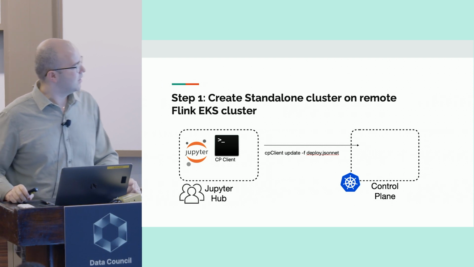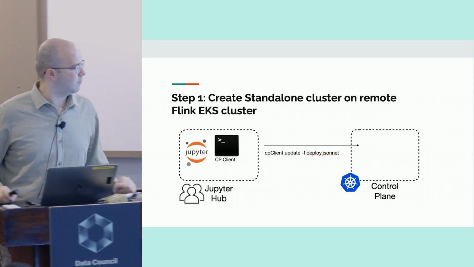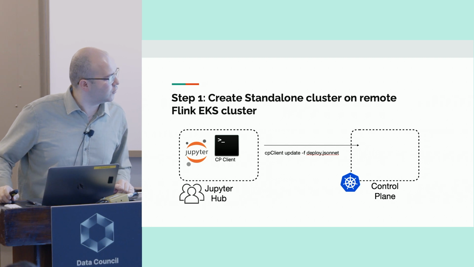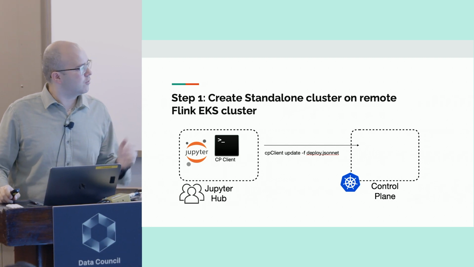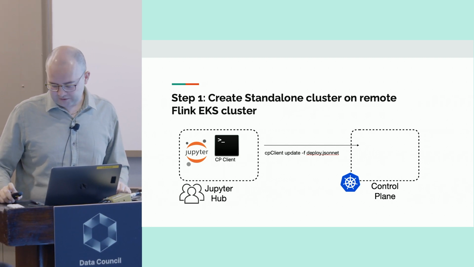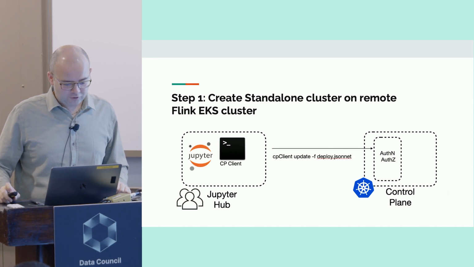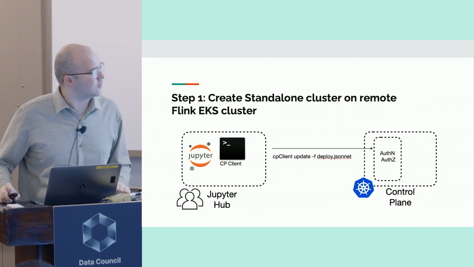For that, in JupyterHub, we ship a control plane client, and we also provide a REST API for our control plane. Basically, you deploy your JSON, which will start a session cluster for you. Before that, again, authentication and authorization are handled in the control plane.